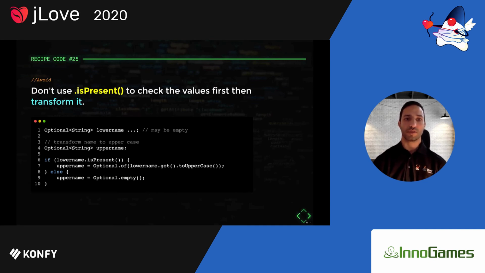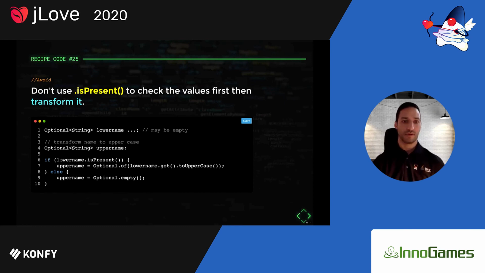The last two questions here: don't use isPresent to check the value first and then transform. The same concept as streaming, when we use map and flatMap, but here it is different. We have the lower name and we would like to transform it.